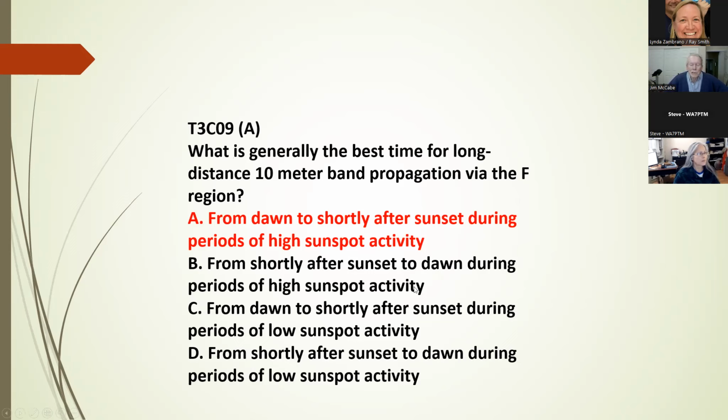It's knowing high sunspot activity versus low sunspot activity, before and after sunset. Again, there's theory and reasons behind this, but as someone who hasn't done any transmitting on 10 meters, I would have to remember the answer on this one. So from dawn to shortly after sunset, high sunspot activity.